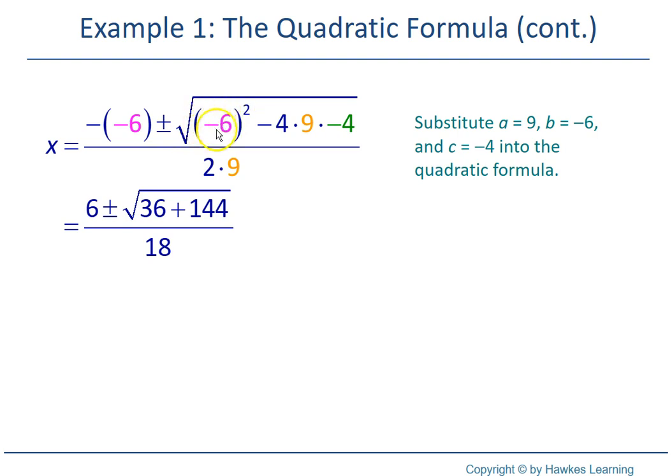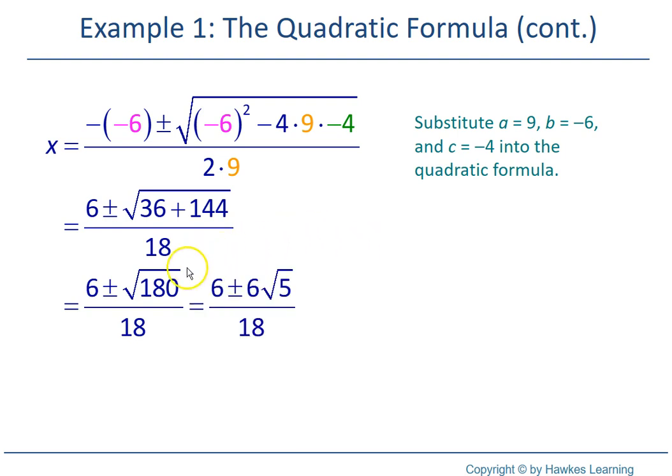By the way, this will always be positive because you're squaring it. And then when there's a negative in the formula and at least one negative, this will become positive, as you see here. Now, again, you had to tease apart the 180, and that's going to be 36 times 5.